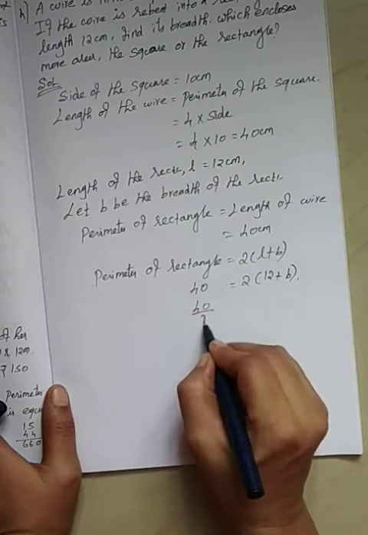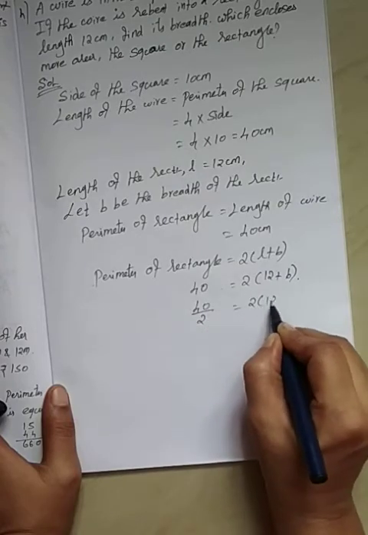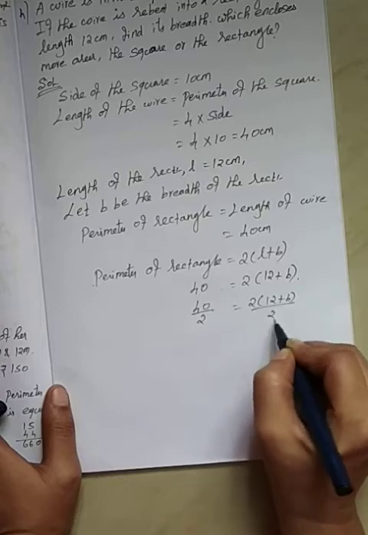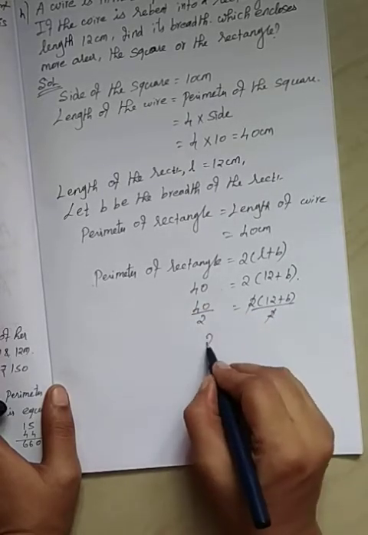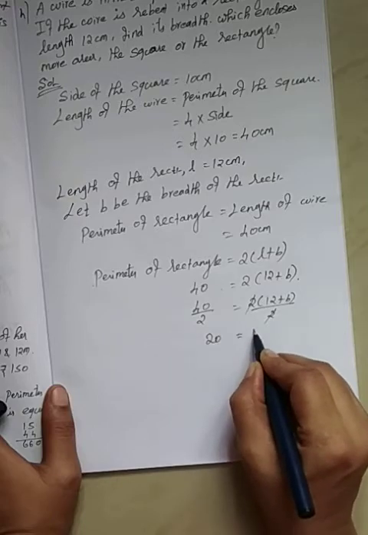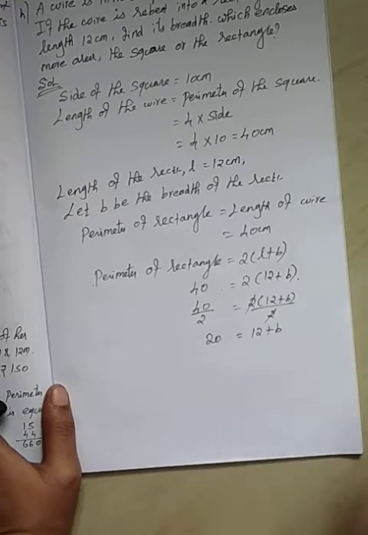You will get 40 by 2 is equal to 2 into 12 plus B divided by 2. Now cancel the 2. Simplifying the left hand side, you will get 20 equal to 12 plus B.